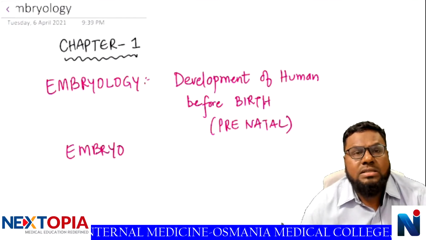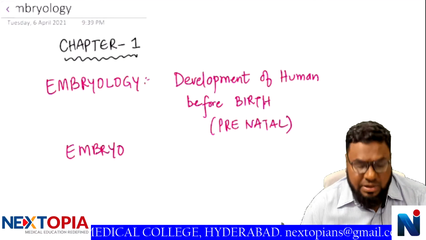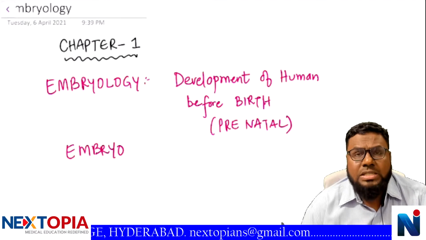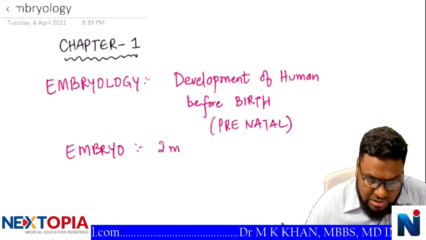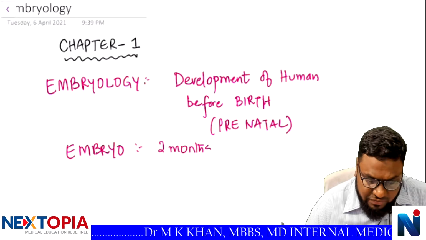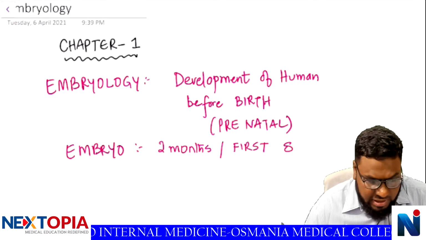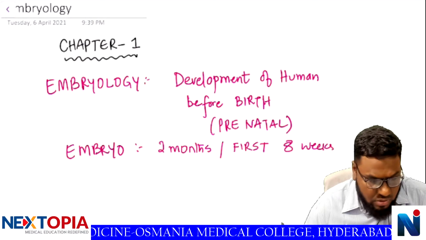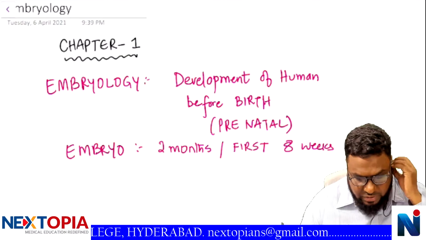An embryo is a developing group of cells in the first 2 months or 8 weeks of intrauterine life.